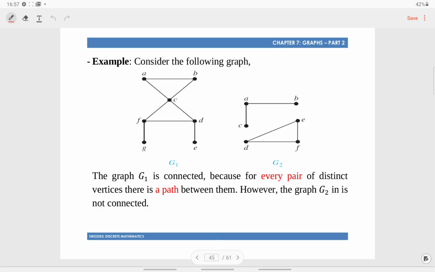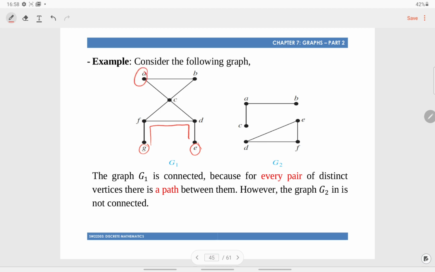Consider the following two different graphs, G1 and G2. The graph G1 is connected. Why? Because for every pair of distinct vertices, there is a path between them. Let's say we want to move from G to E; of course there is a path from G to E. If we want to move from E to A, we also have a path.